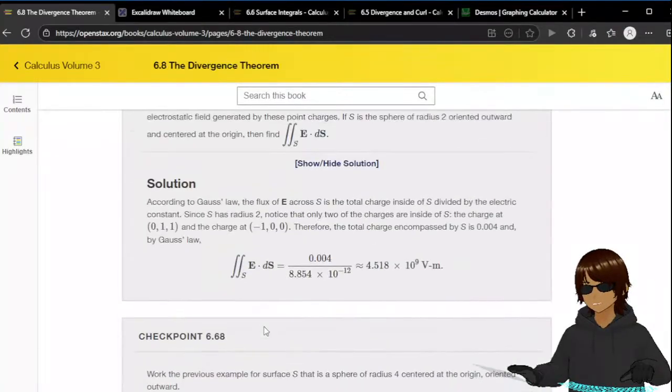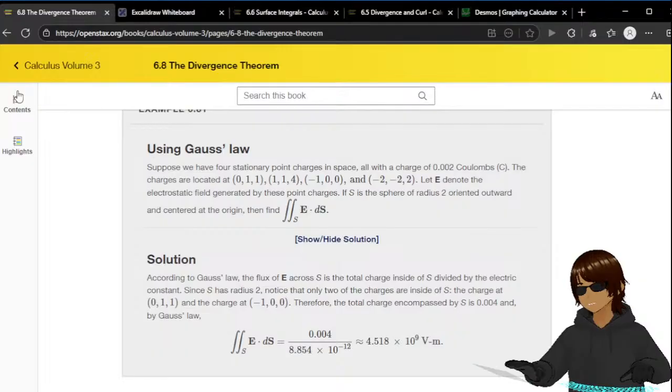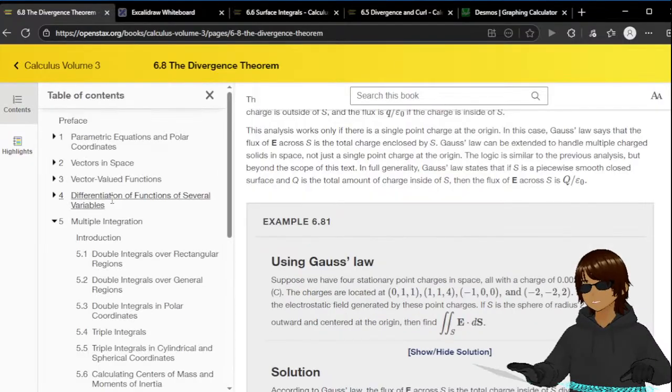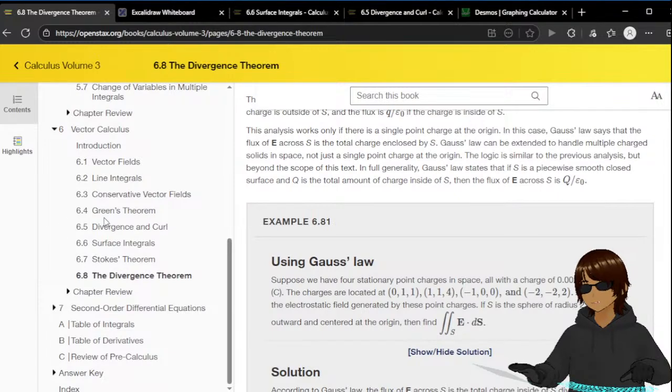And then the exercises. Okay, I need a lot of practice in vector calculus because I think at the start, this chapter was going fine. And then quickly, I think after divergence and curl, these four chapters are really not my thing.